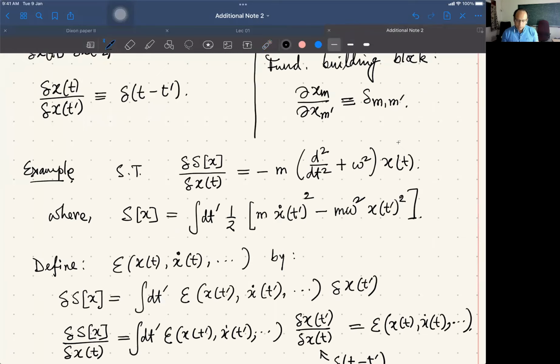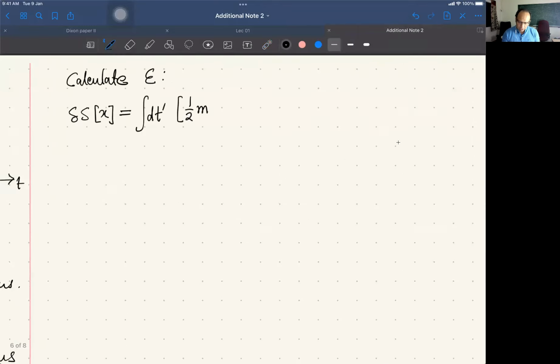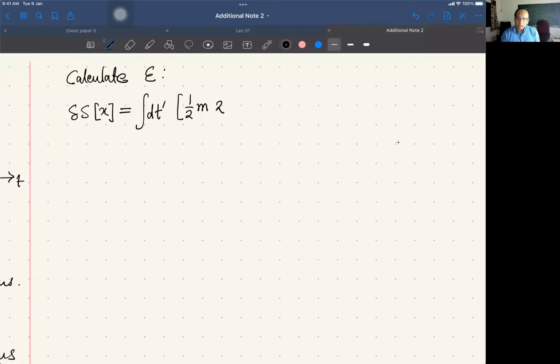It is delta x dot times x dot plus x dot times delta x dot. So that gives you 2 times delta x dot(t') times x dot(t'), minus half m omega squared times 2 delta x(t') x(t').